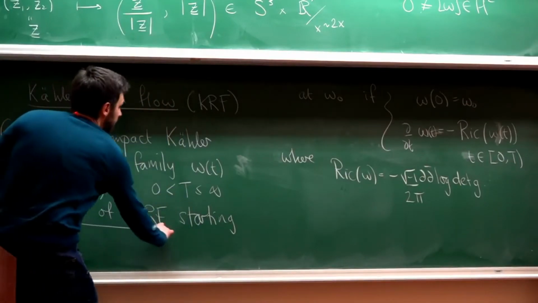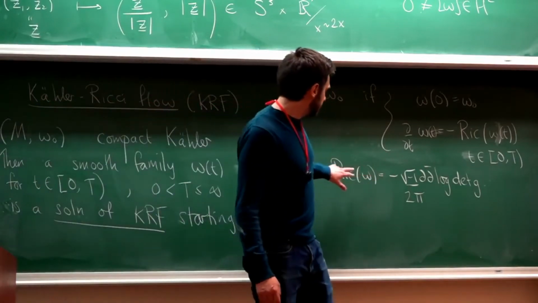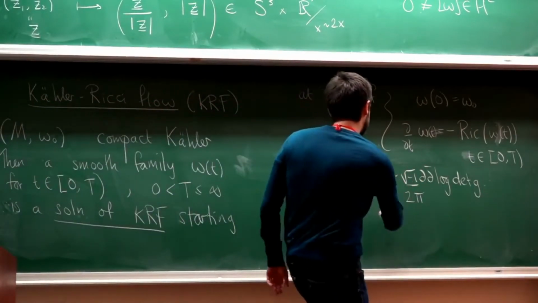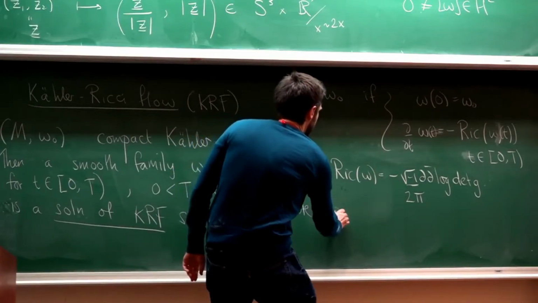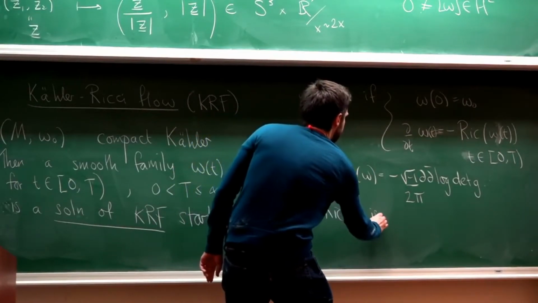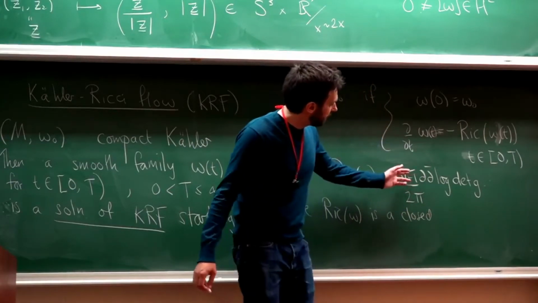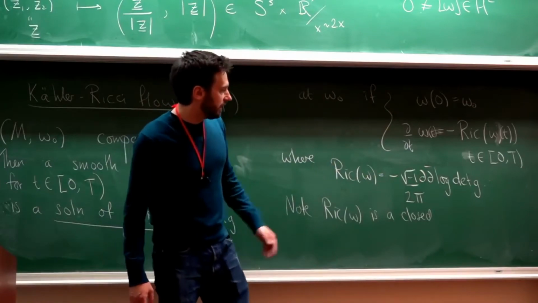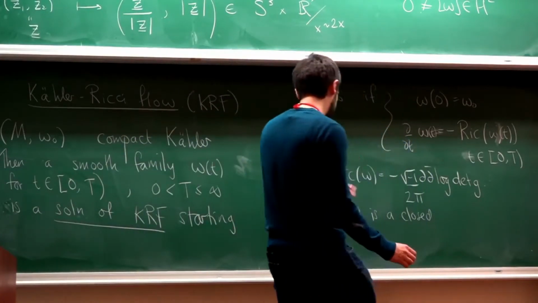Okay, so that's a solution of the Kähler-Ricci flow starting at omega naught. Notice that the Ricci of omega is certainly closed, because d of something which is d exact is always going to be closed.